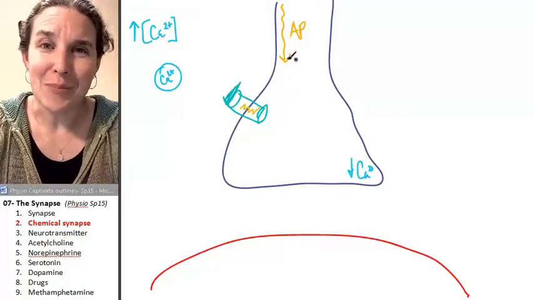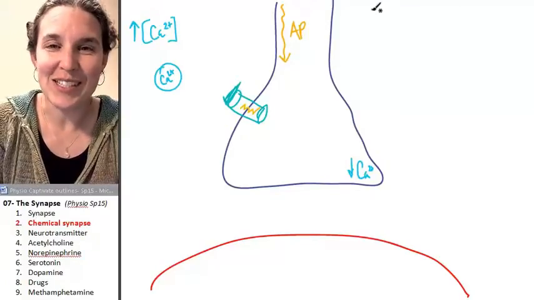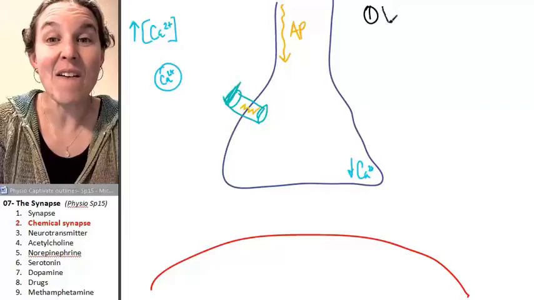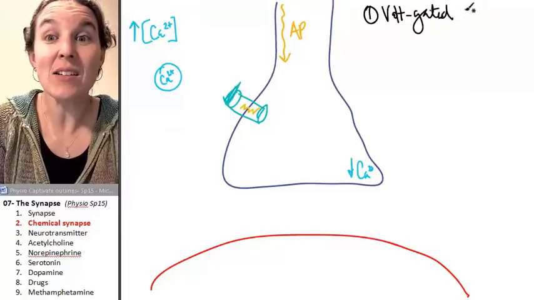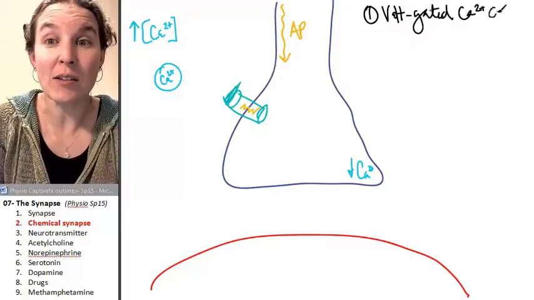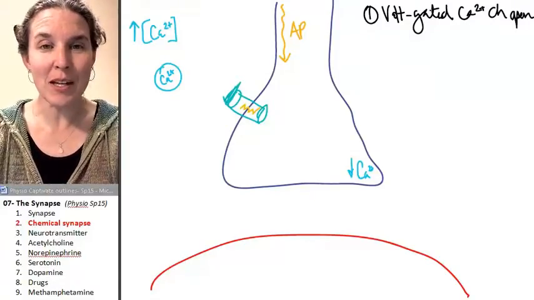So here comes the action potential. You know where this is going. The first thing that happens is that voltage-gated calcium channels open. Why? Dogs, the membrane potential just changed.